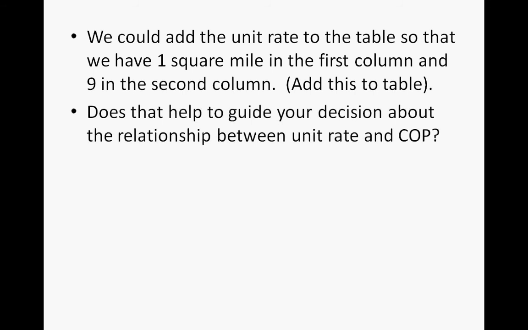So does that help to guide your decision about the relationship between the unit rate and the constant of proportionality? What do you notice about the relationships between the 1 square mile and the number of deer, 9, in the second column? What do you notice between our first set of data and these 2 additional columns?